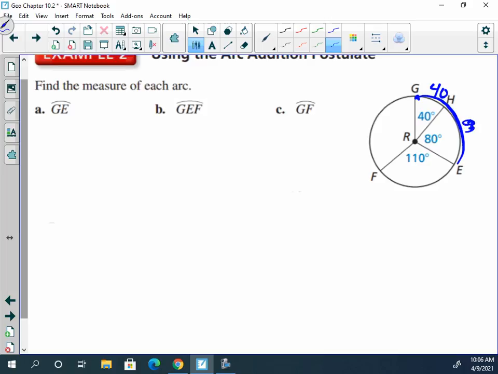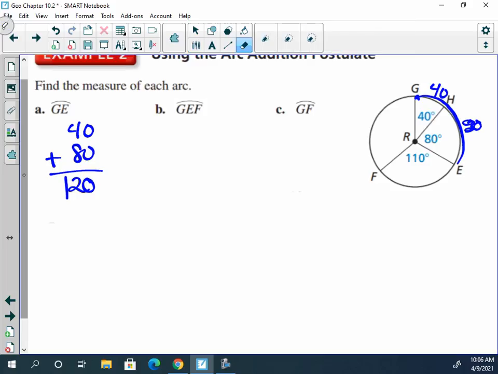HE is going to be 80. So to find GE, we're going to do 40 plus 80, which gives us 120. We're going to add those 2 together. Any questions on this here so far?